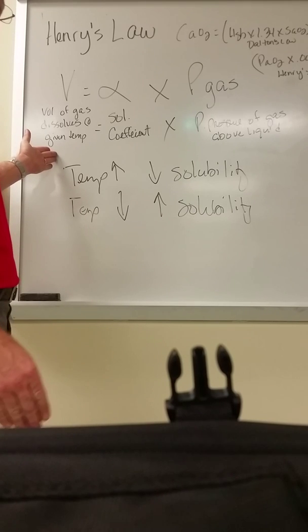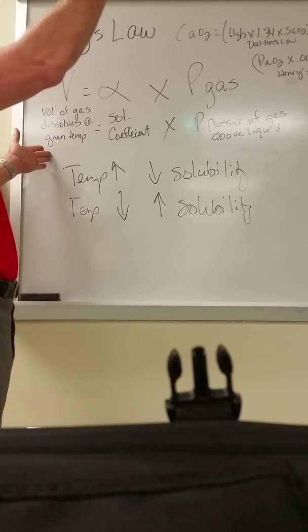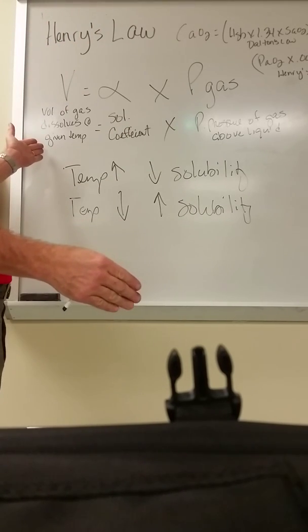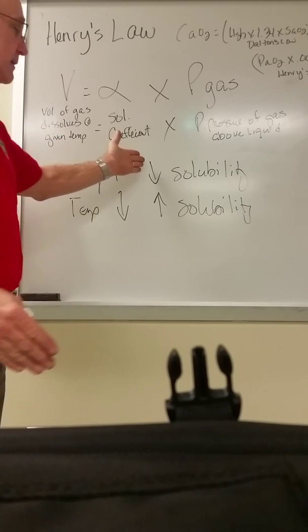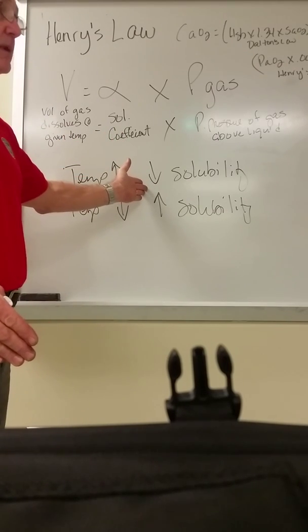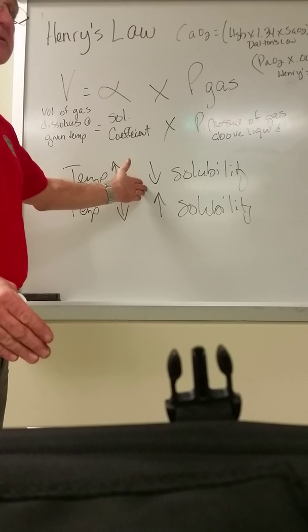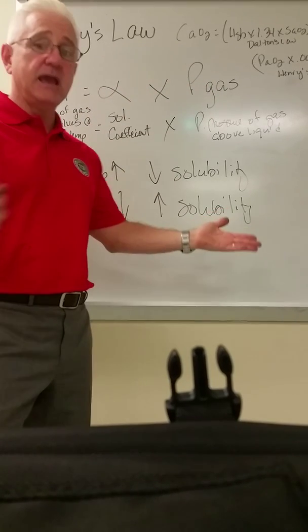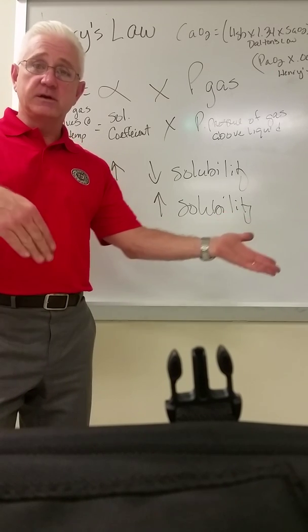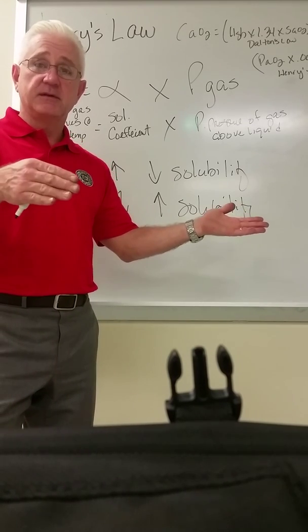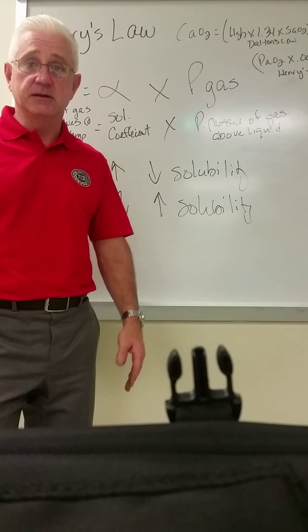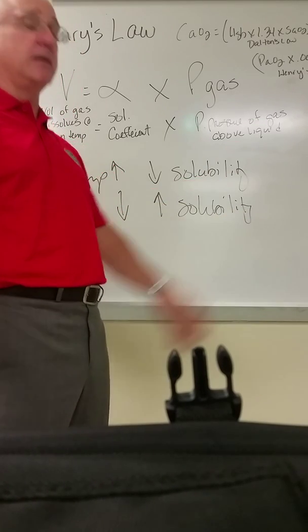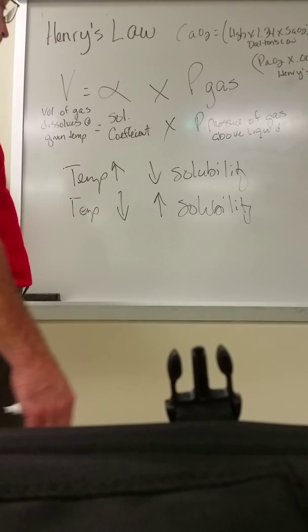There's a direct relationship. As kinetic energy goes up, there's a decreased solubility, which allows this gas to escape, therefore decreasing the partial pressure of that gas in that given liquid, in which we were talking about blood or plasma.